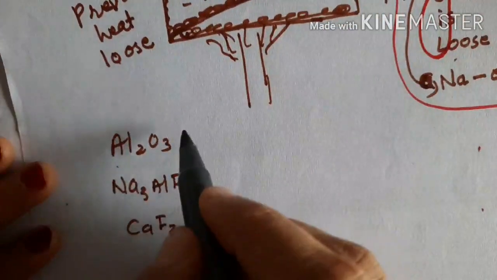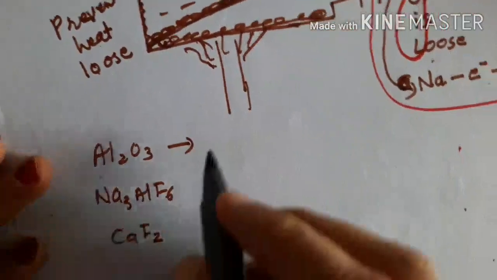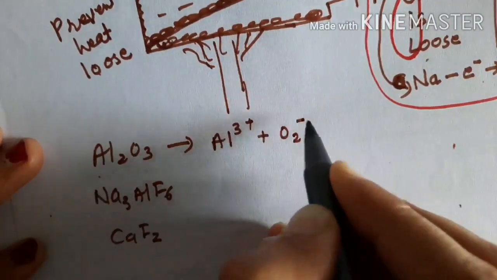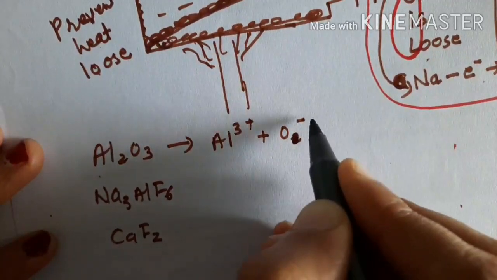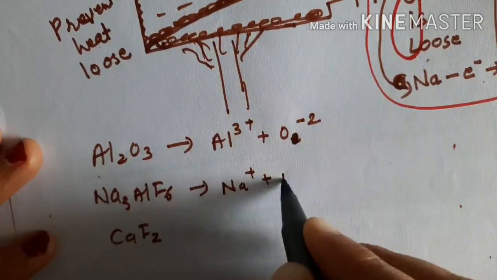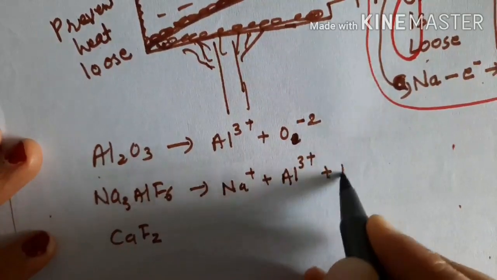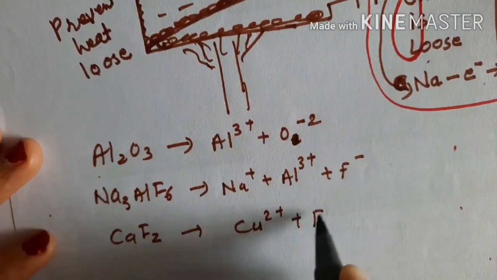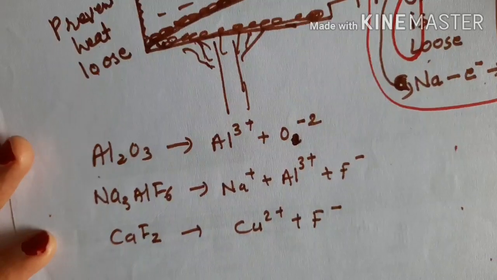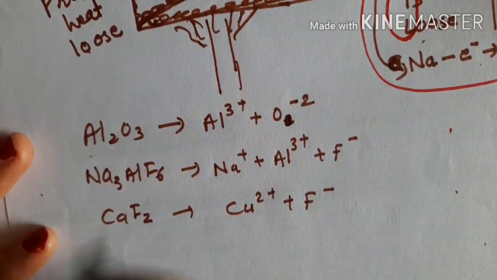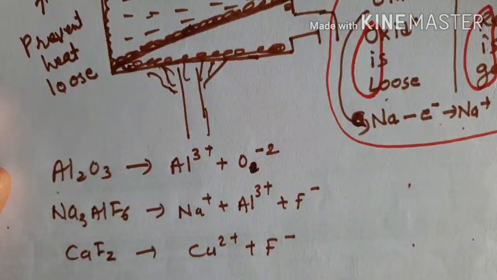So they convert into ions, which means Al3 plus and O2 minus, then Na plus, Al3 plus, F minus, and Ca2 plus, F minus. So in this electrolyte this many ions are liberated.